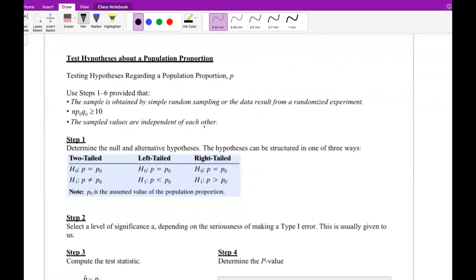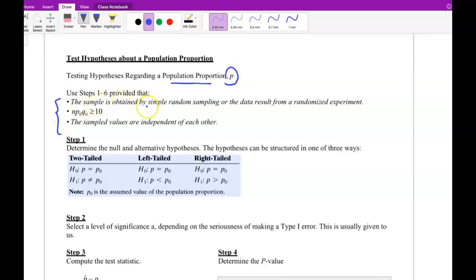Okay, now in this part we have testing hypotheses about a population proportion. So it's regarding the population proportion, shown with p. Here we're going to use steps 1 to 6. And first we should verify that we have these three requirements from the previous page.